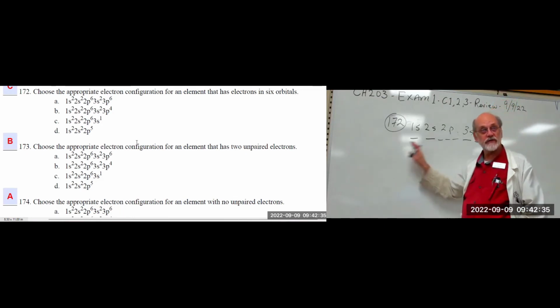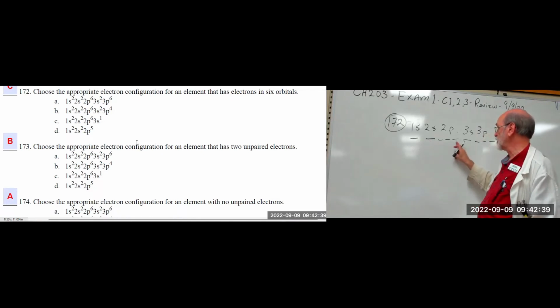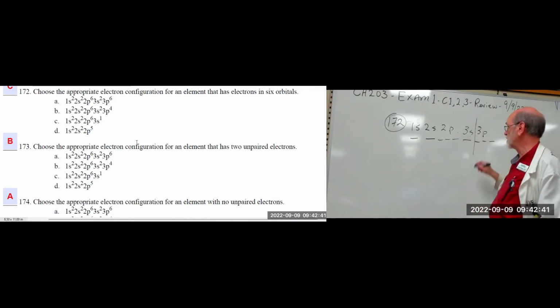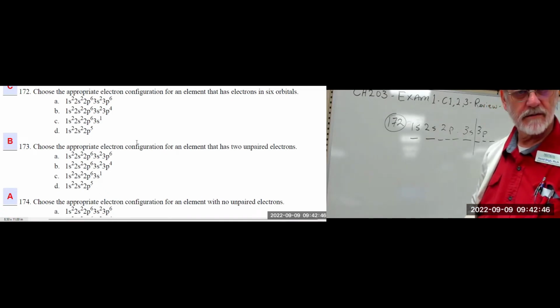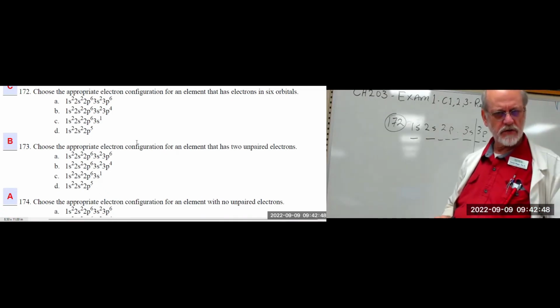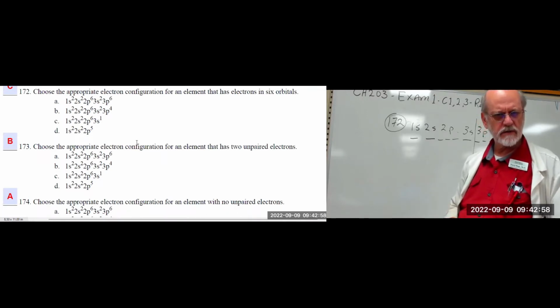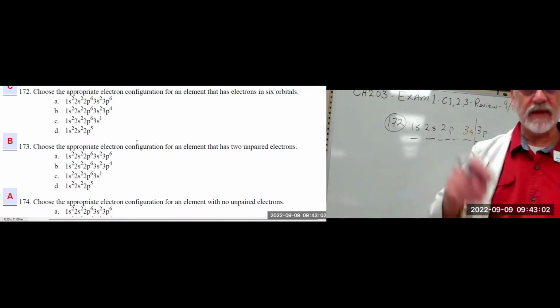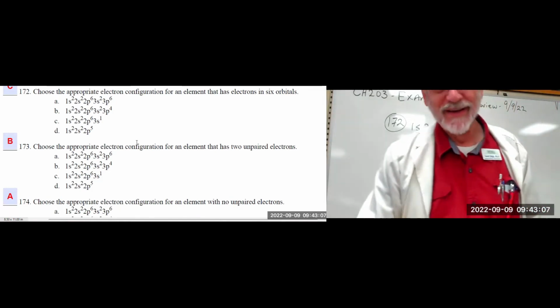So if we're filling from left to right, we'd have to have this one, 1, 2, 3, 4, 5, 6. We'd stop here. So which one stops at 3s? 1, 2, 1, 2, 3, 4, 5. You know, that one might be wrong also. Oh, I'm looking at the wrong one. 172.